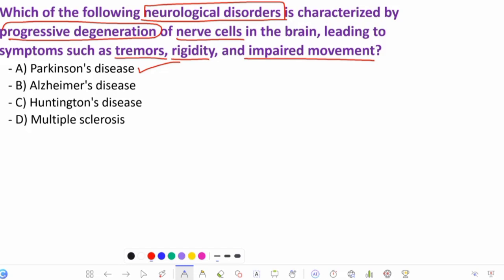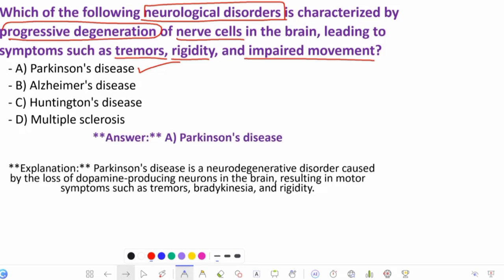Let's see the explanation. Parkinson disease is a neurodegenerative disorder caused by the loss of dopamine-producing neurons. What does it mean? The level of dopamine goes down in the brain, resulting in motor symptoms such as tremors, bradykinesia, and rigidity.